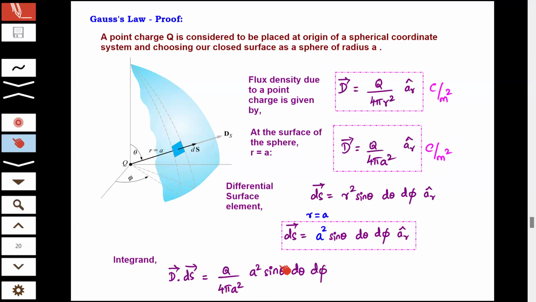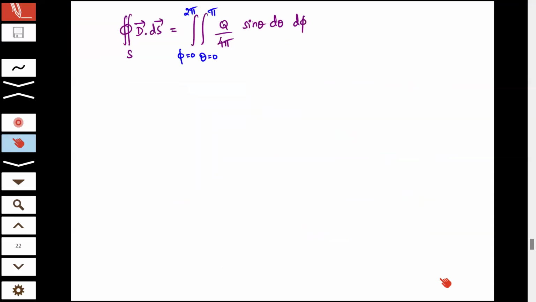Then we can estimate the integrand, which is the dot product of vector D and the surface vector, which gives the multiplication of these two magnitudes, which is Q by 4 pi sine theta d theta d phi, where theta has to be integrated over the entire sphere, which is 0 to pi, and phi has to be integrated over the entire sphere, which is 0 to 2 pi.